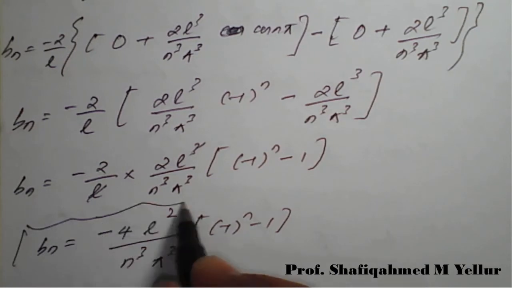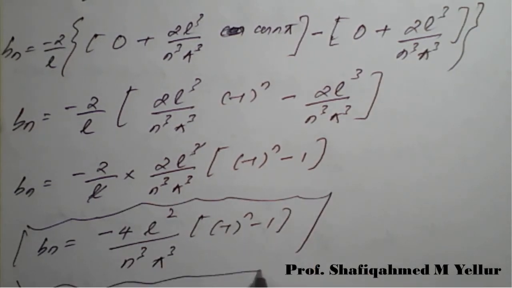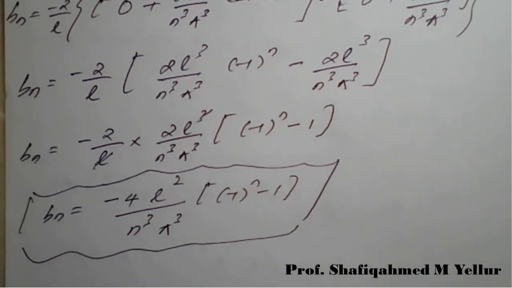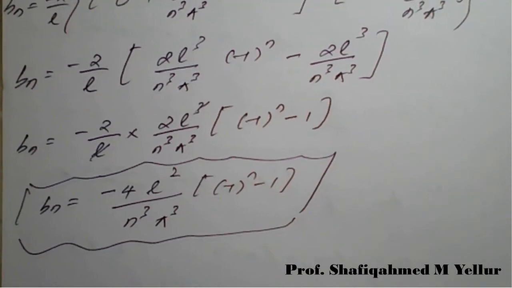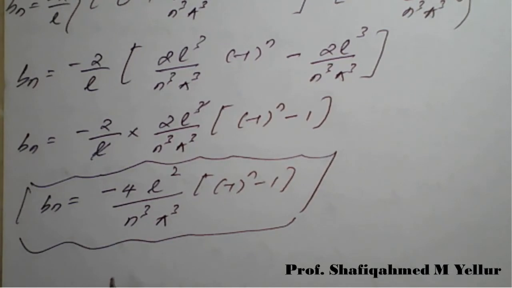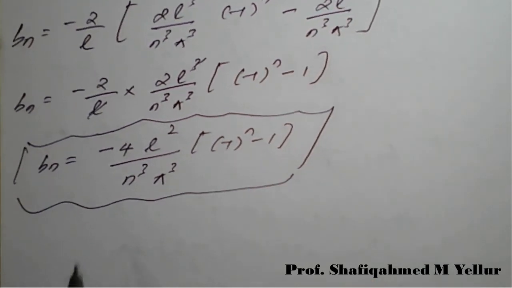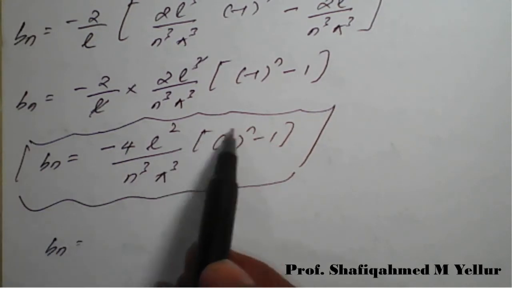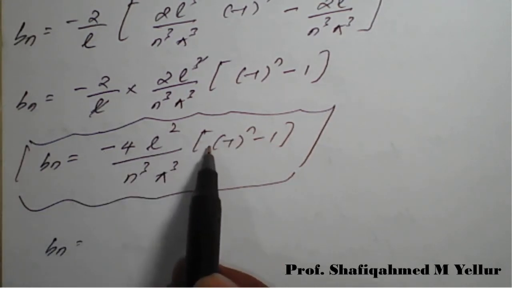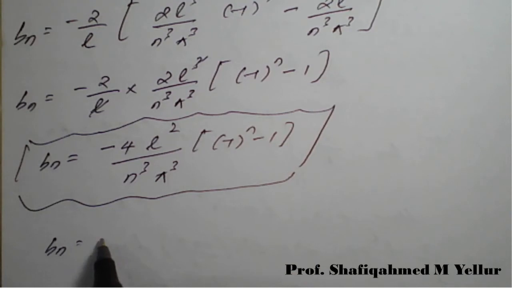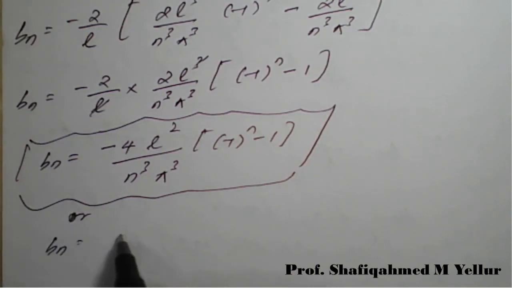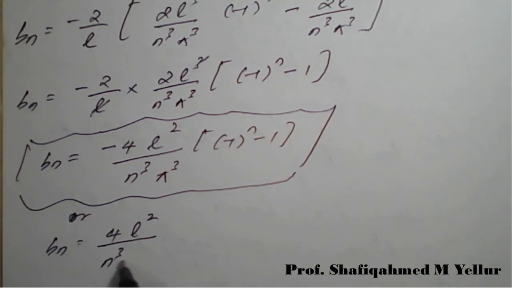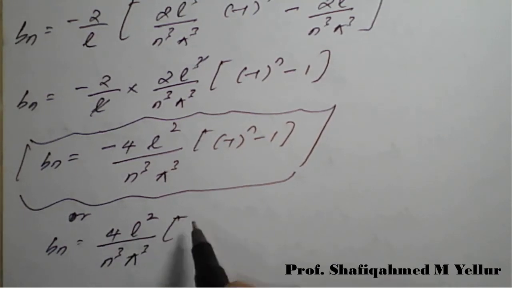So this is, I can say that, a value of our Bn, or we can elaborate and we'll write it as Bn is, this minus sign will apply to this bracket, so this will become minus sign, this will become plus, or I can say that, 4L square divided by n cube pi cube will become what here?